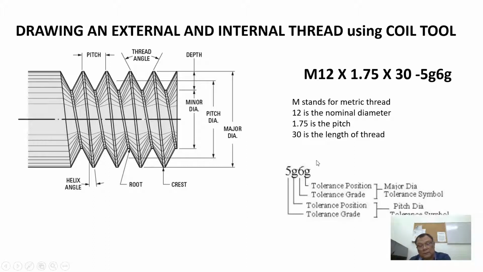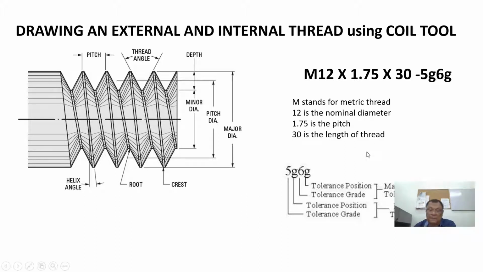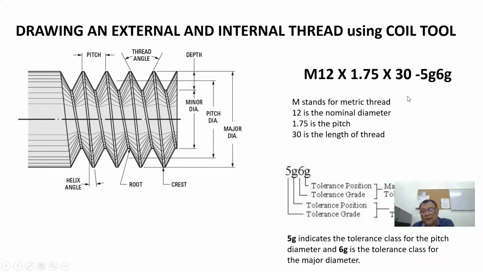5G and 6G: the number is the tolerance grade and the letter G is the tolerance position. The first number and letter refer to the tolerance with respect to the pitch diameter, and the second refers to the major diameter. 5G indicates the tolerance class for the pitch diameter, and 6G indicates the tolerance class for the major diameter.